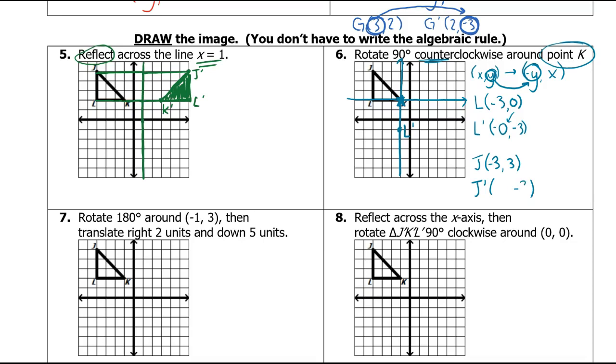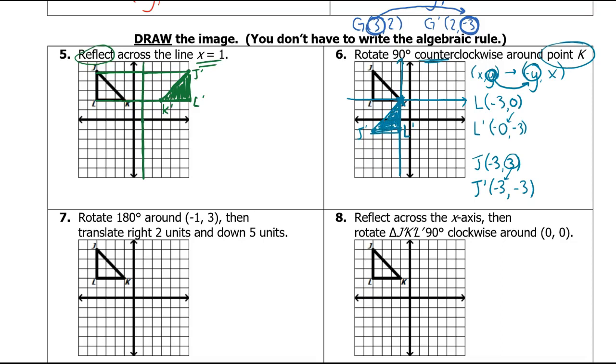So a negative 3 in the second spot, positive 3 in the first spot, and that old y coordinate needs to switch signs. So from the star, I want negative 3, negative 3. There's my J prime. And remember that K prime hadn't gone anywhere.